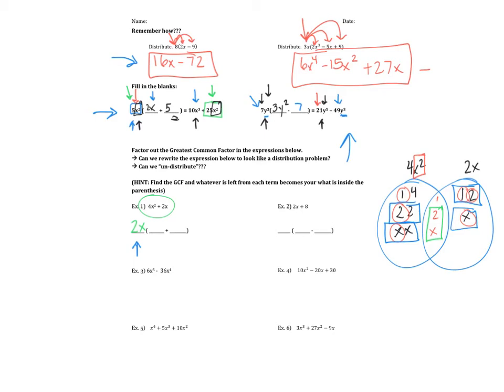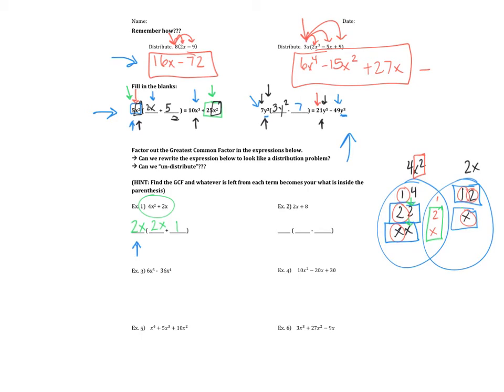So in this case, this 2 was not circled, and this x was not circled. So what I want you to do on the first line is take those two terms, put them together, and write 2x. Now, on this side, there was nothing left that we didn't circle, so all I want you to do is write 1. Okay? We didn't take anything out of there, so I want you to write 1. All right, so that's how we are gonna do those.